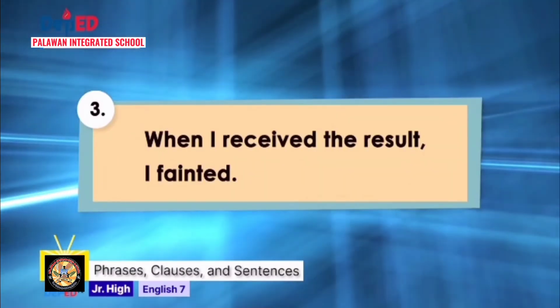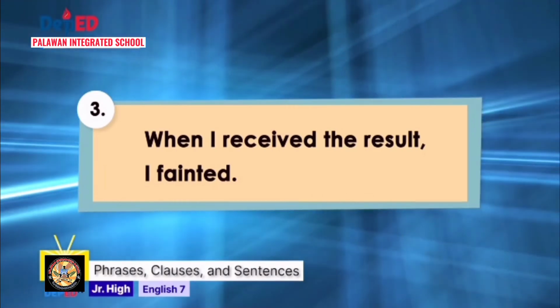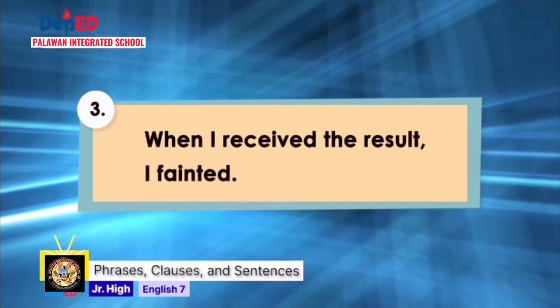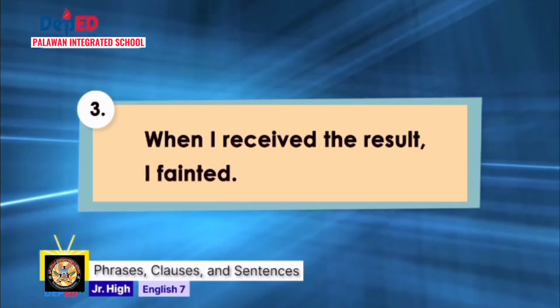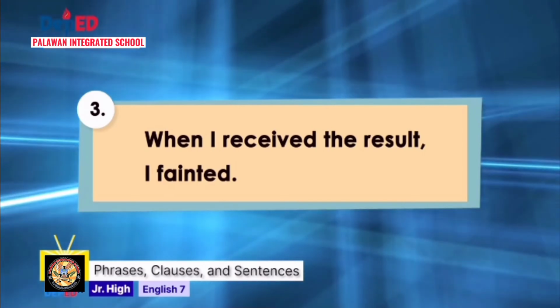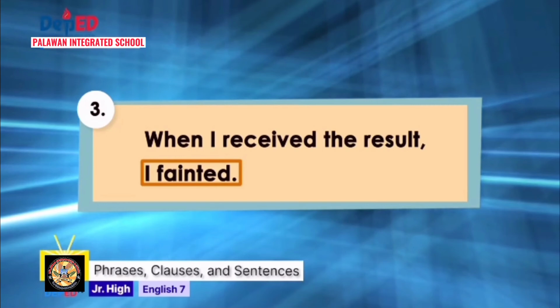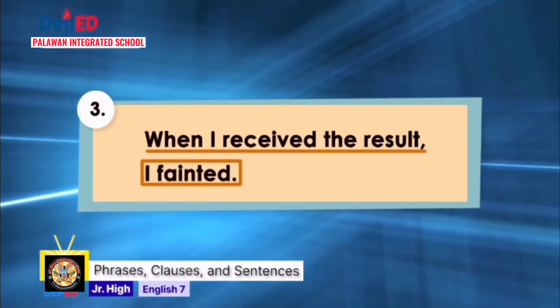Number 3. When I received the result, I fainted. The independent clause is I fainted. The dependent clause is when I received the result.